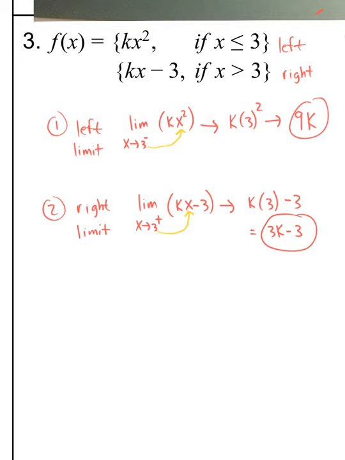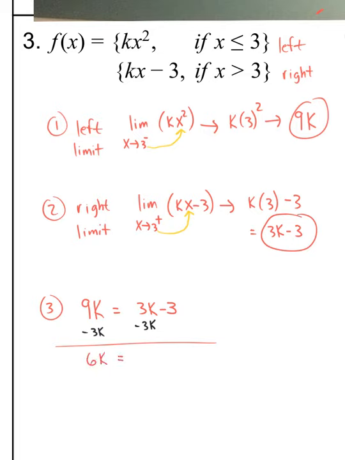All right, third step, we set them equal. The left limit, 9k, is equal to the right limit, 3k minus 3. Okay, I need to get all my k's to one side of the equation, so I'm going to subtract 3k from both sides, and I'm going to bring the k's all over to the left. 9k minus 3k is 6k.